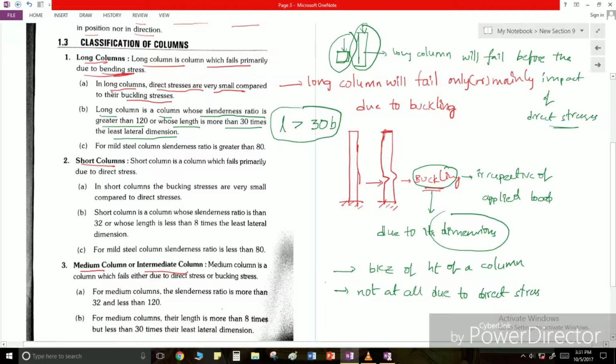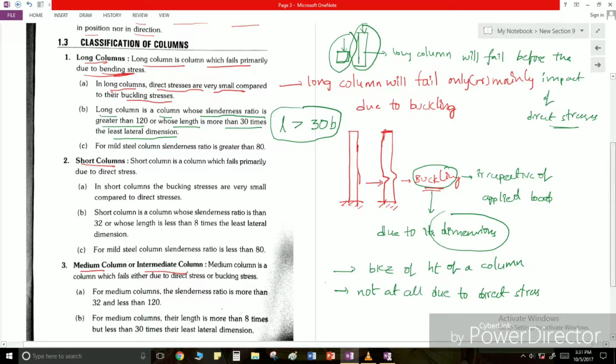Or if the slenderness ratio is greater than 120, then also it will behave as a long column.